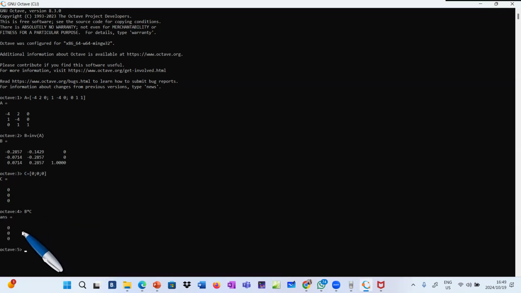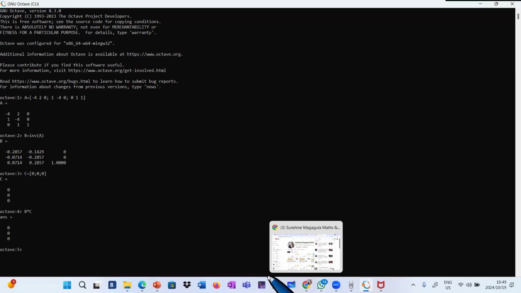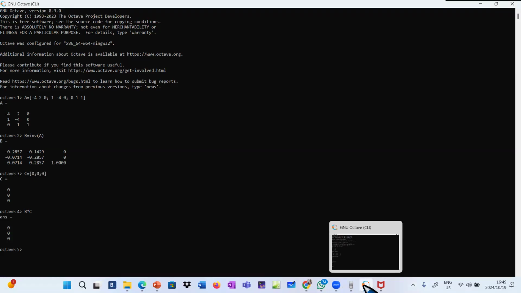Obviously, as I indicated, this is going to possibly have a trivial solution to the system of linear equations. And therefore, we have the following. In the end, it's 0, 0, 0.